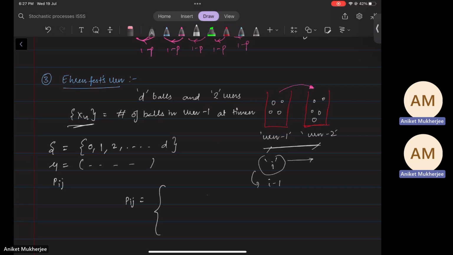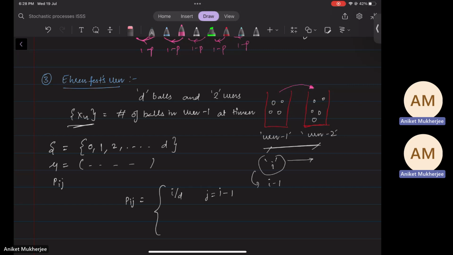So j equals i minus 1. Right. In the next step you're going to i minus 1. So what is the probability? The probability is that you choose a ball from urn 1. If you choose a ball from urn 1, then it is guaranteed going to urn 2, and then you have decreased the number of balls by 1. So the probability of choosing a ball in urn 1, when you know that there are i balls in urn 1, is i by D, because you're choosing it uniformly randomly.